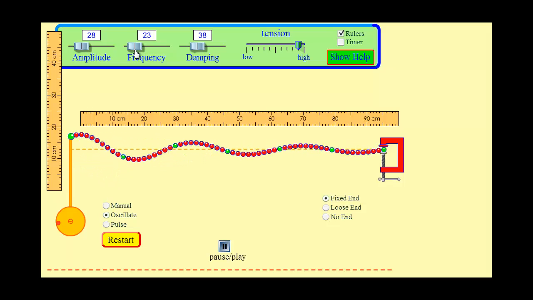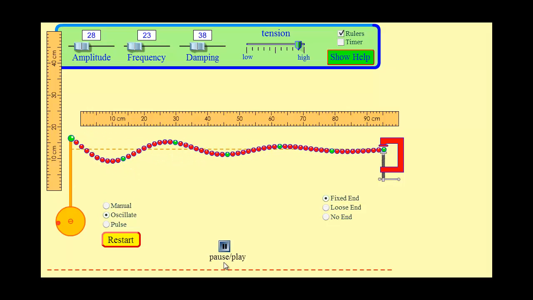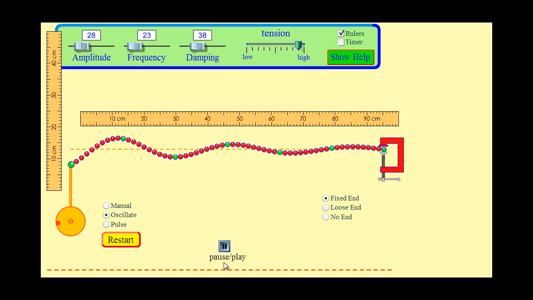Now let us go and try to figure out what wavelength is. Another very important wave parameter is what we call wavelength.